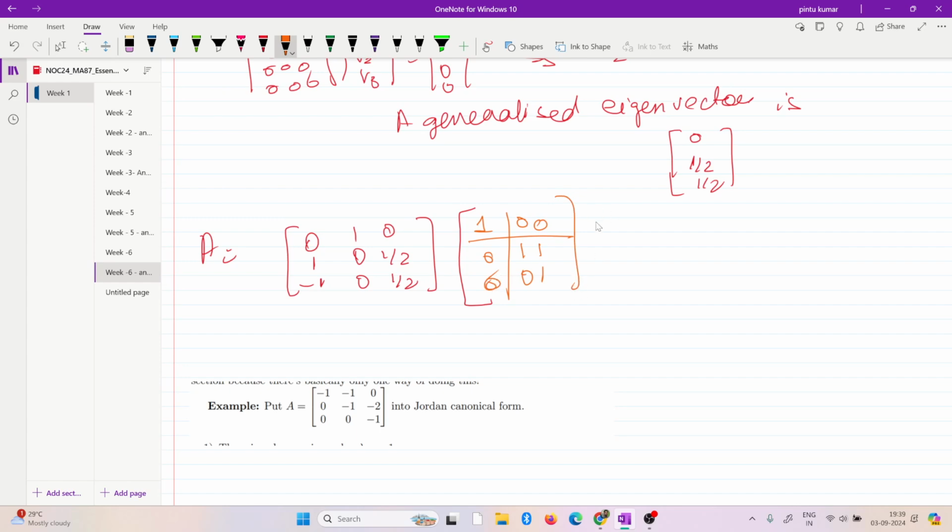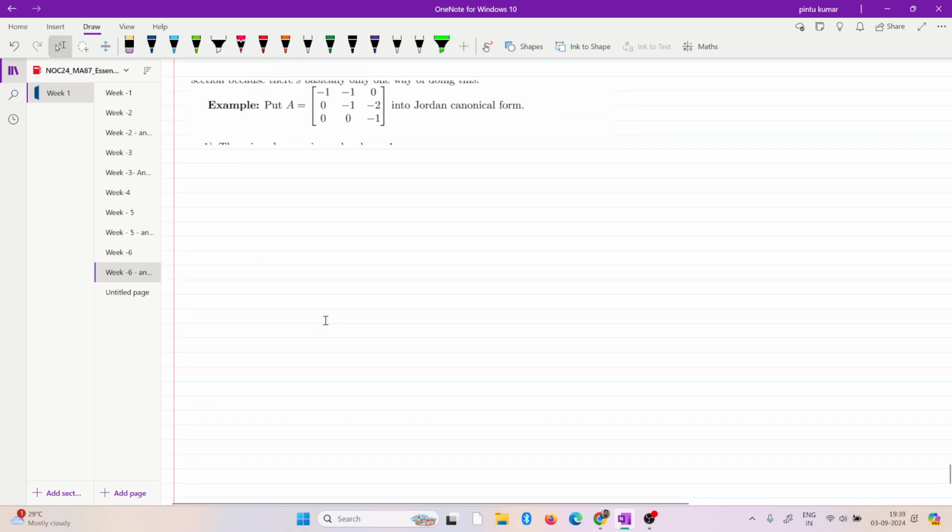And then in the last, you have the inverse of this particular matrix. Okay. So this is how you find the Jordan decomposition or Jordan canonical decomposition of any arbitrary matrix. Okay. Let's solve one more example where we will find the Jordan canonical form.